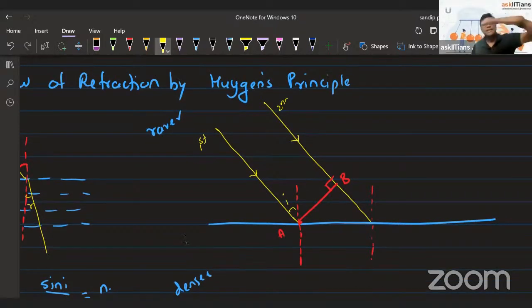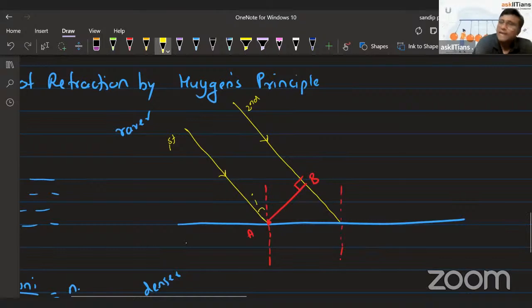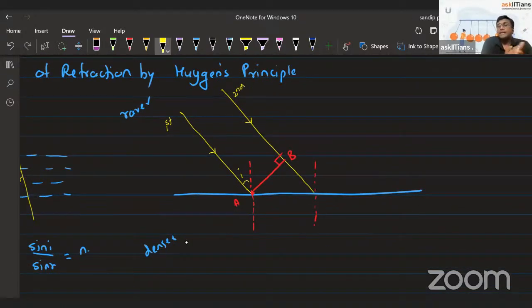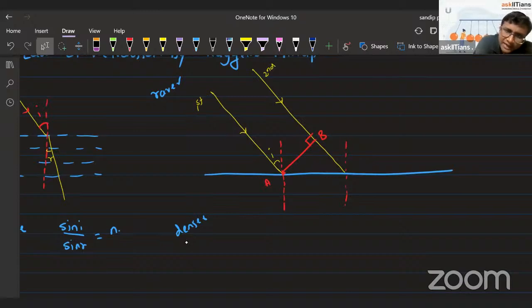Now, again, the first beam and the second beam, same thing. First beam reaches the interface of that medium first. A beam will reach first, and B will reach after some time. So this ray is now going inside the water, and we know that it bends towards the normal, right?